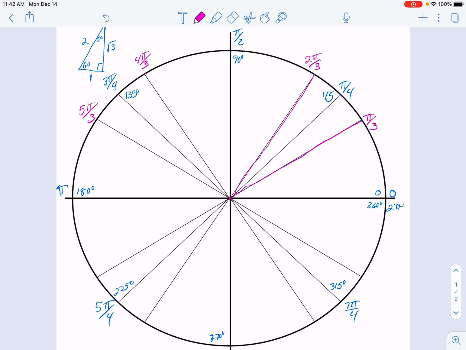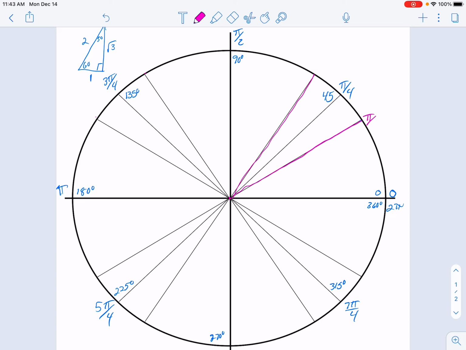Oh, I know what I did wrong. Something's wrong at the bottom here. I didn't divide pi. There you go. Erase that.